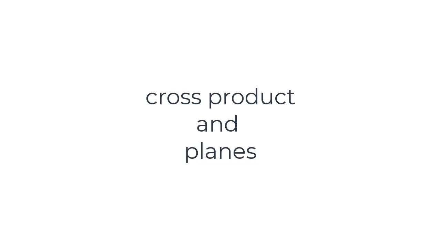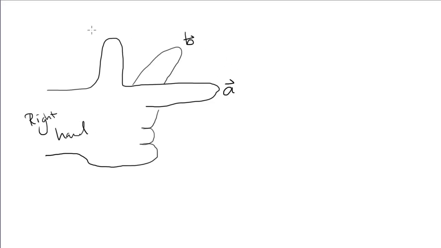One last vector function tailor-made for describing planes, the cross product. Take your right hand. If your two fingers are vectors, your thumb is the cross product.